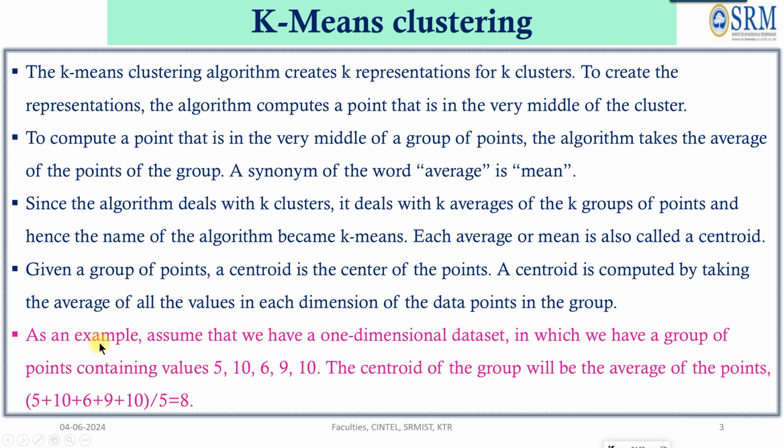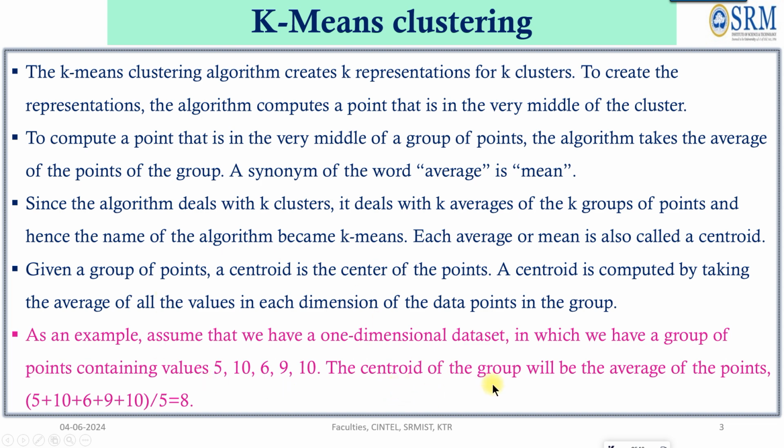Just consider this example. Suppose you have a one-dimensional data set with a group of points containing values 5, 10, 6, 9, 10. For this one-dimensional data, you will get a one-dimensional centroid. How do you compute the centroid value here?